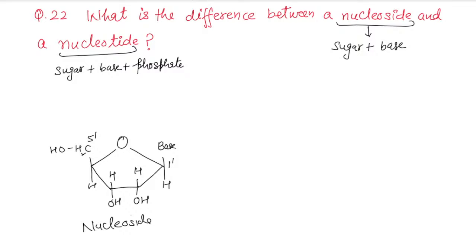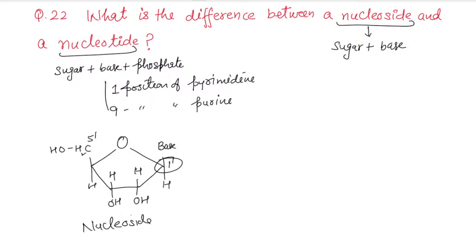A nucleoside is formed when the N1 position of the pyrimidine or N9 position of the purine base is attached to C1 of sugar, ribose or deoxyribose, by beta linkage. Nucleoside is sugar and base only.